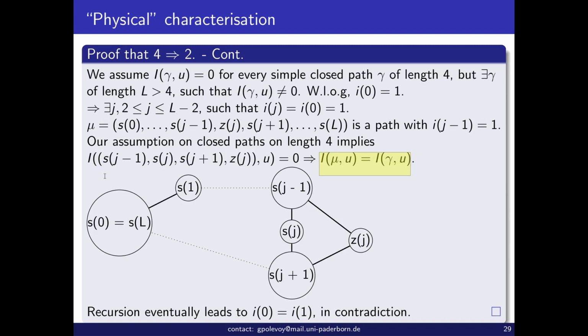And look at the following circle: Sj minus 1, Sj, Sj plus 1, and Zj. It's I0. It's a simple closed path of length 4.